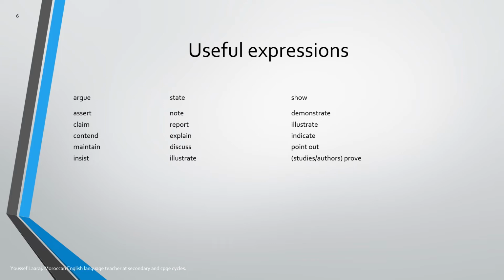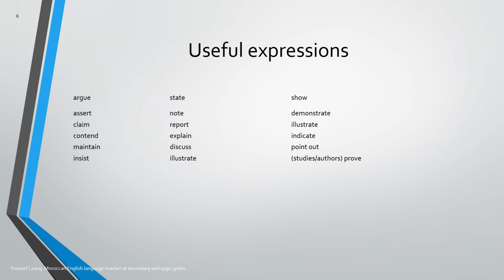Yet the use of these verbs should not be random. I mean, your choice of the verbs should be purposeful, and the verb should convey what the author is adopting, I mean the style of the text, whether it's persuasive or explanatory, expository, whatsoever.